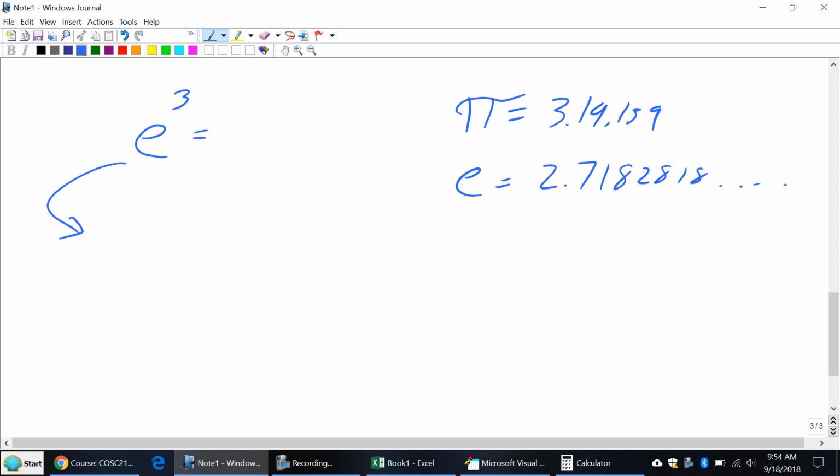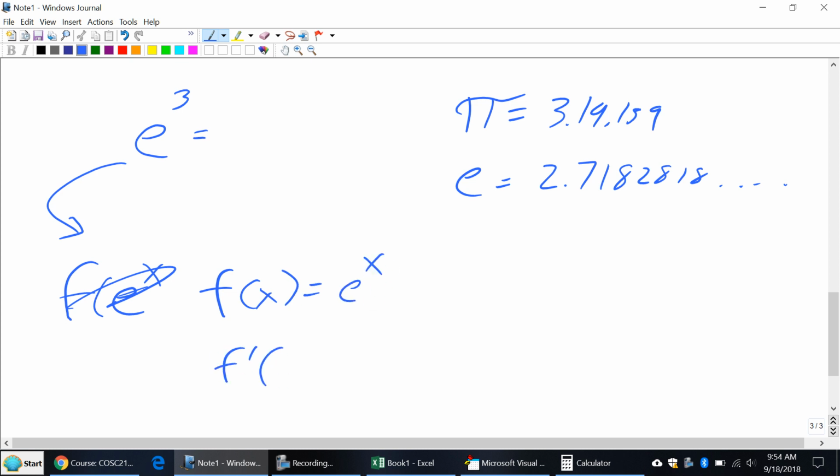One of the most famous examples of e, say e to the x, is if you take the derivative. Suppose you have f of x equal to e to the x, which is just a function, and you take the first derivative of this. It's e to the x.